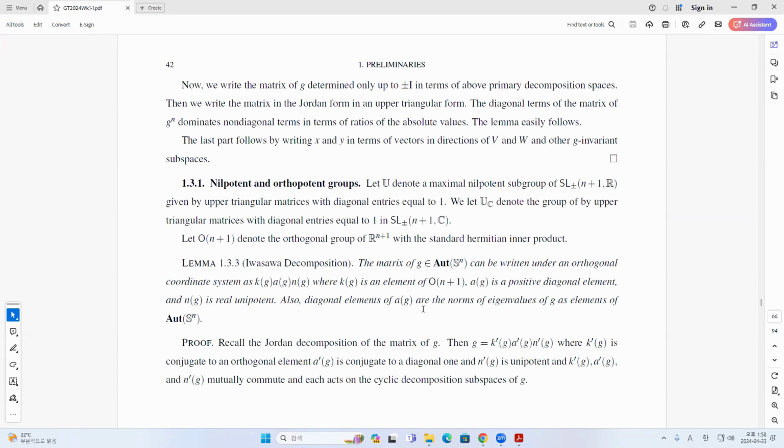Of course, this A_G does depend on the orthogonal coordinate system. It means you can choose an orthogonal coordinate system so that this happens, so the diagonal elements are the norms of eigenvalues.